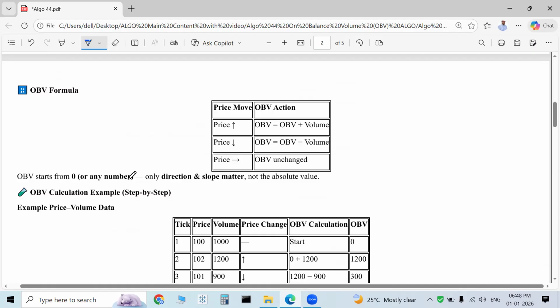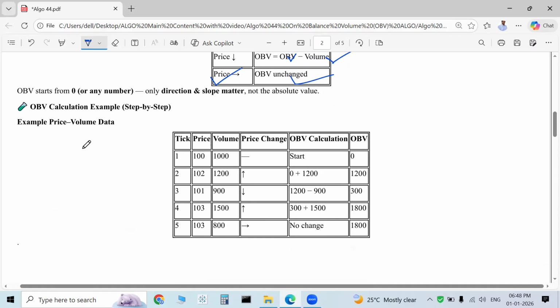If the price is moving up, we add the volume to the OBV. If the price is moving down, we subtract the volume from the OBV. And if the price is flat, the OBV remains unchanged.